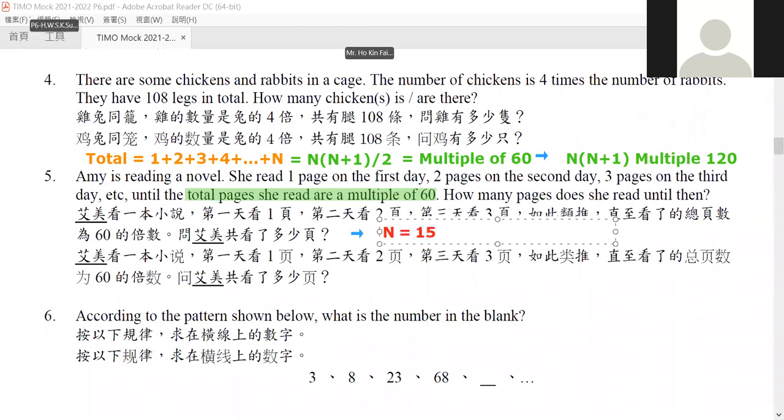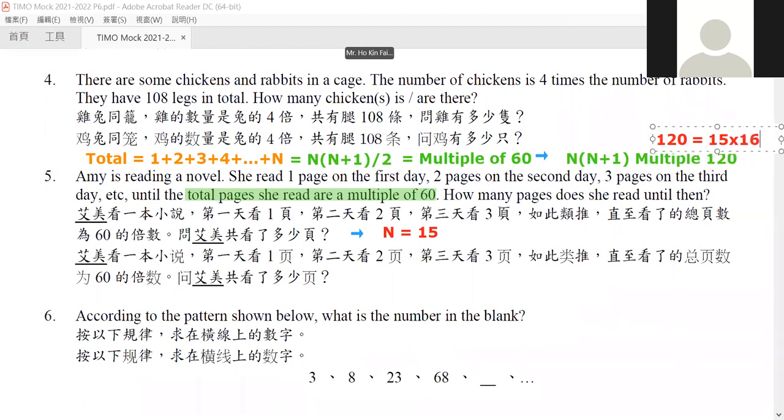Now you may ask, wait, how can I find this number? Well, this is not difficult, because the smallest multiple of 120 is 120 itself, and 120 is exactly equal to 15 times 16.